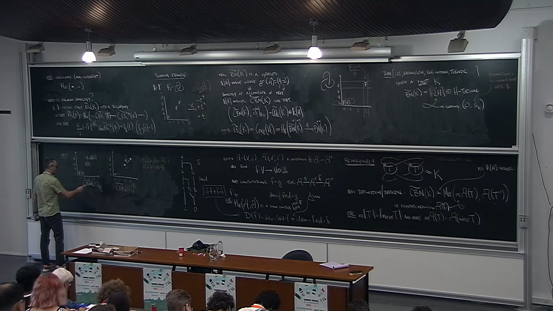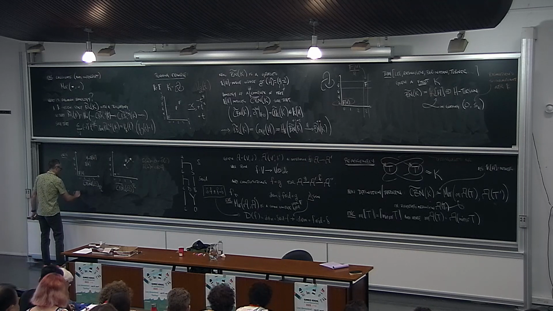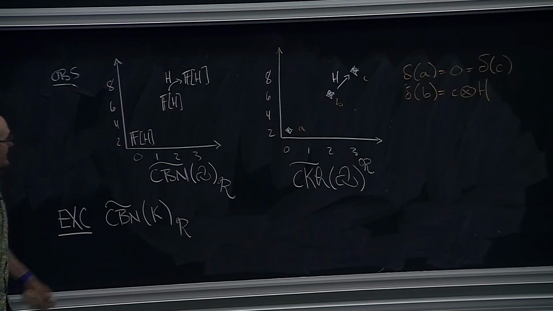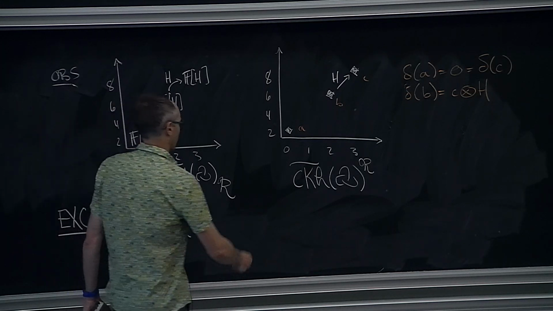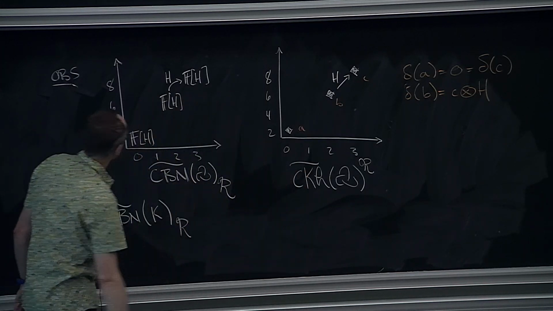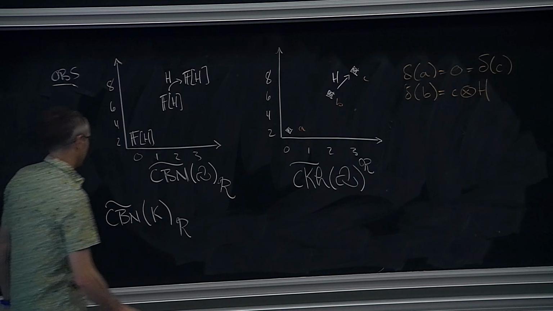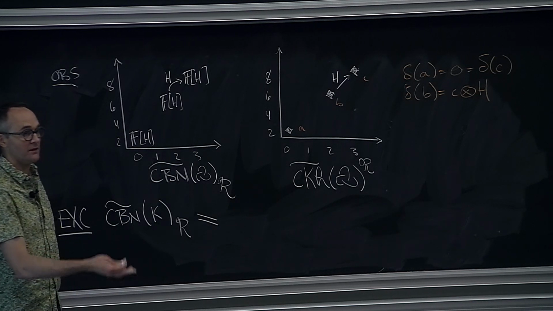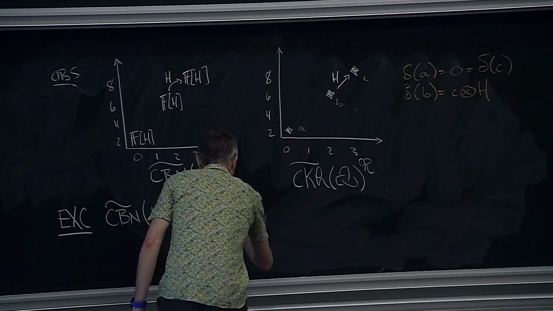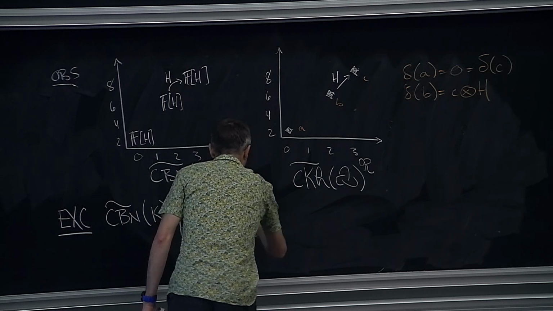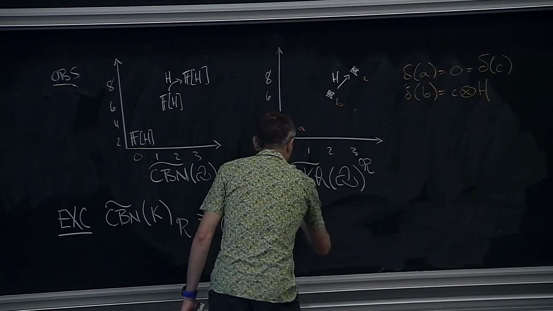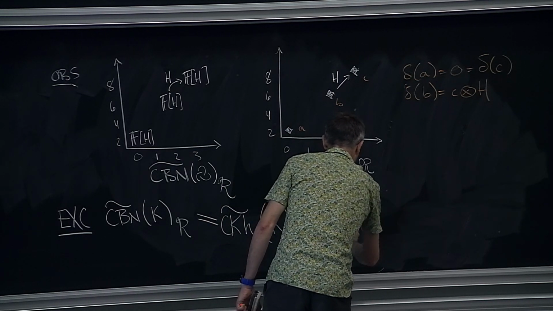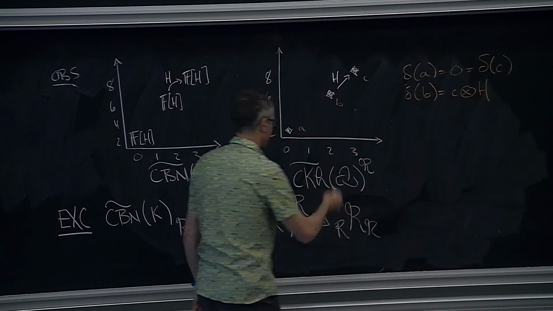If I want to recover CBN, I can move back and forth between this type D structure view and this modules view by box tensoring with the algebra itself viewed as a bimodule over it. And symbolically, what box tensor products do is they pull things from upstairs to downstairs.